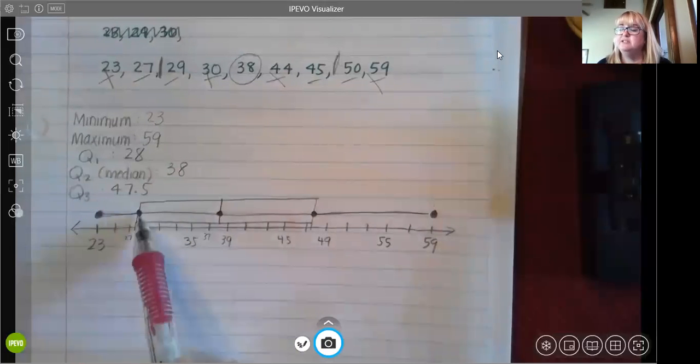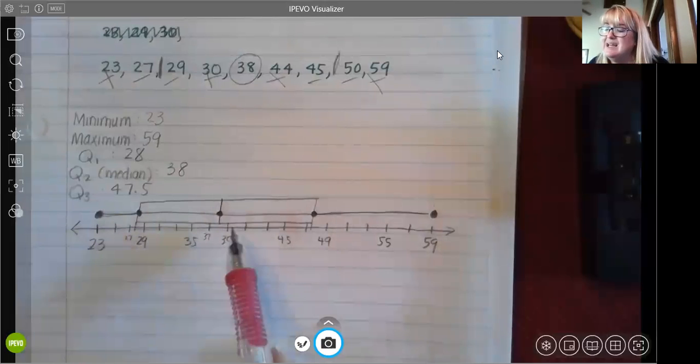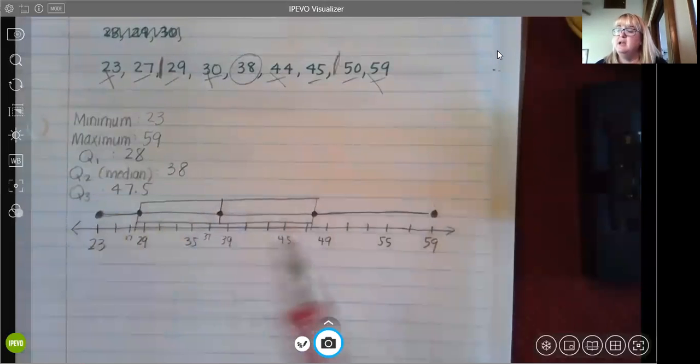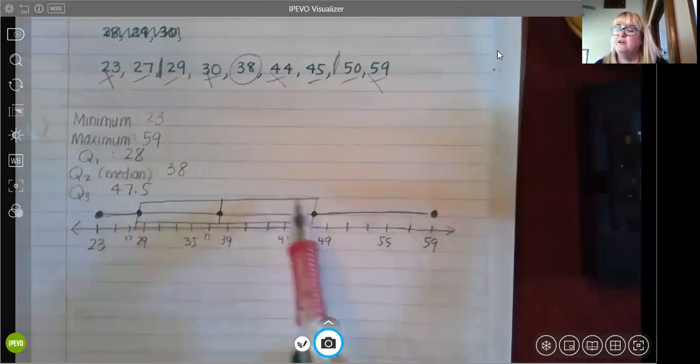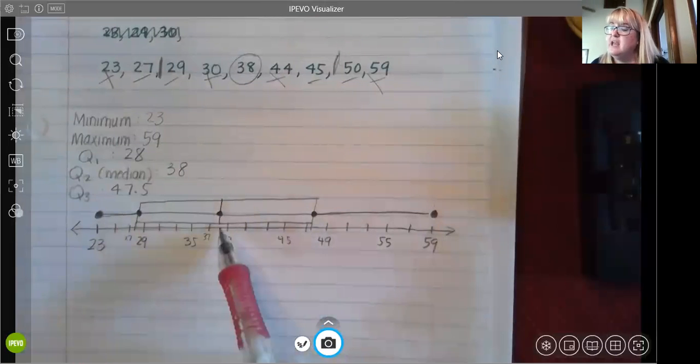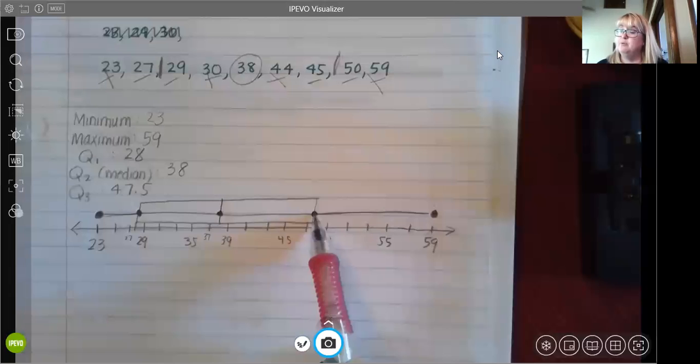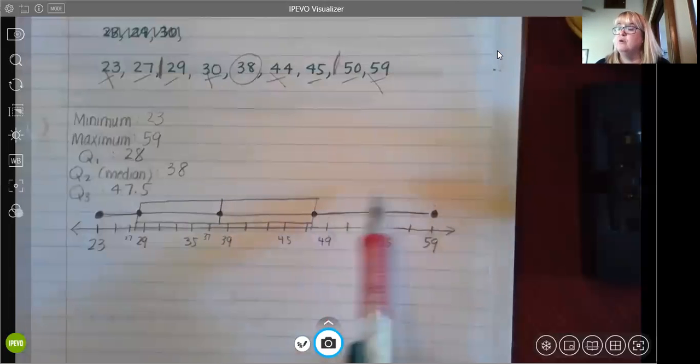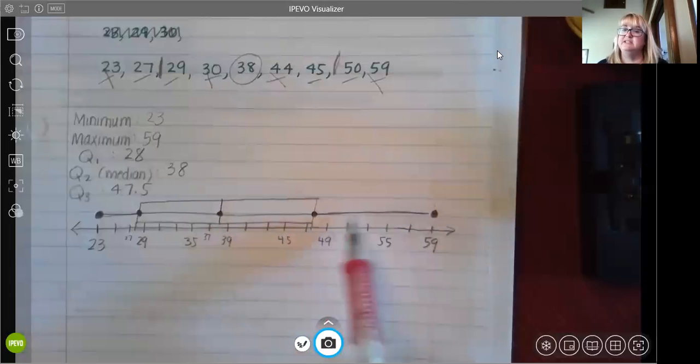Then 25%, or 1/4, of our fitness instructors are between 28 and 38. And then 1/4 of our fitness instructors are between 38 and 47.5. And then 1/4 of our fitness instructors are at this age.